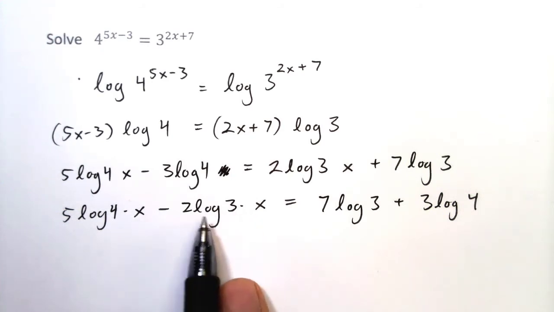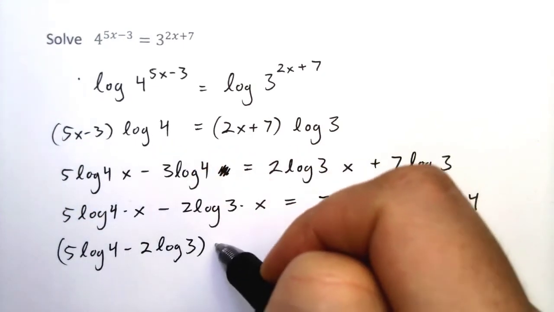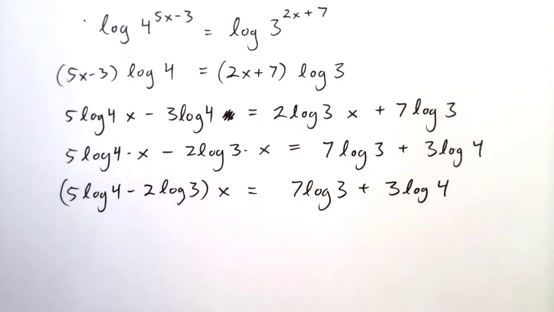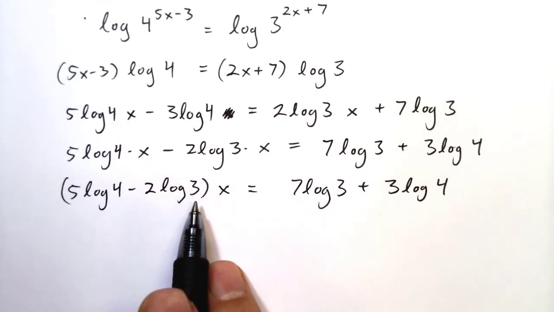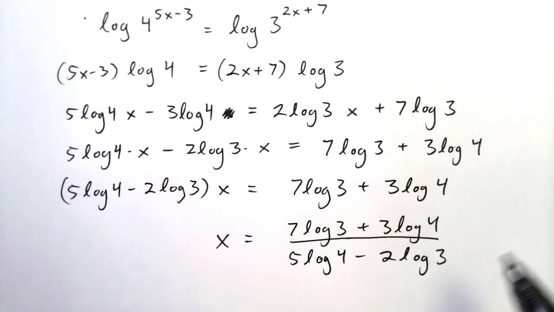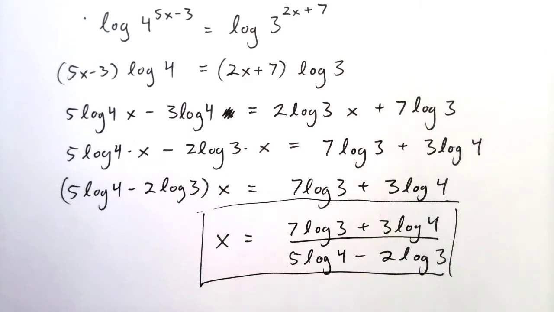They have the same variable part, so we can combine them by factoring out the x. And finally, we can divide by this number on both sides. And this is our final answer. Not the prettiest answer in the world, but it is an exact answer, and so this is how we report it.